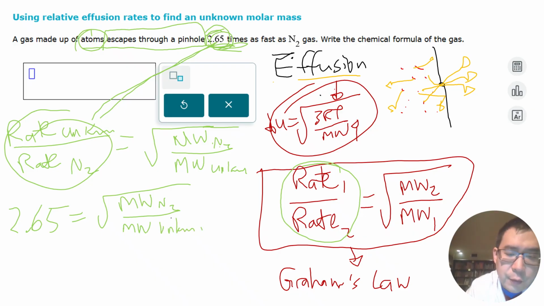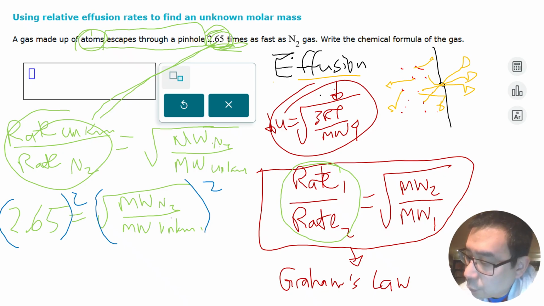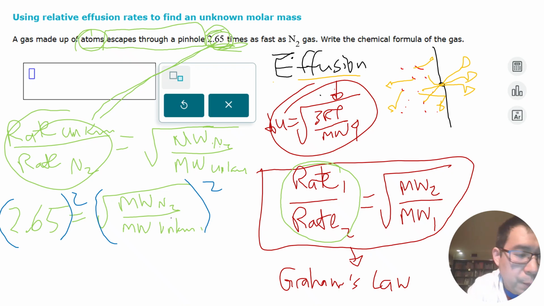How do I solve this? I solve this by squaring both sides. When I square 2.65, I get 7.02. And when I square a square root, I take away the square root.